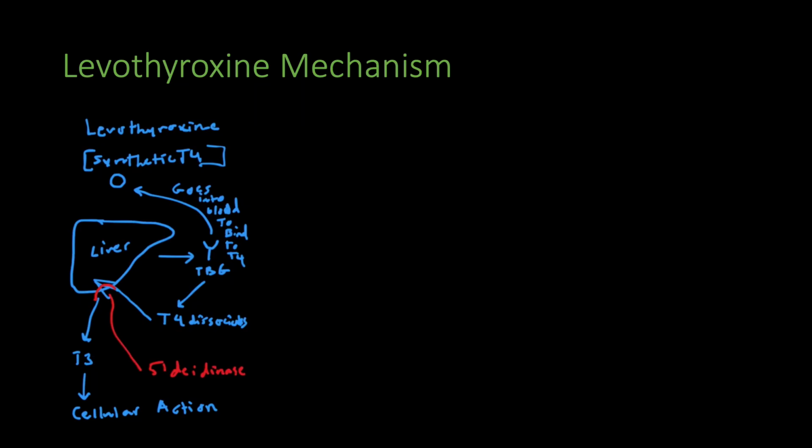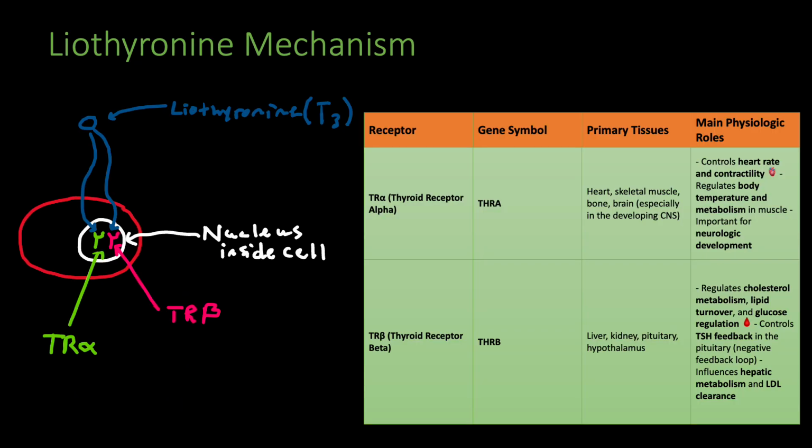So T4, levothyroxine, has to go through an additional step to convert to T3 and cause that action. And liothyronine is like the next step after levothyroxine.